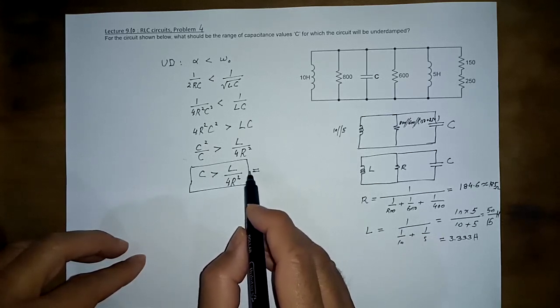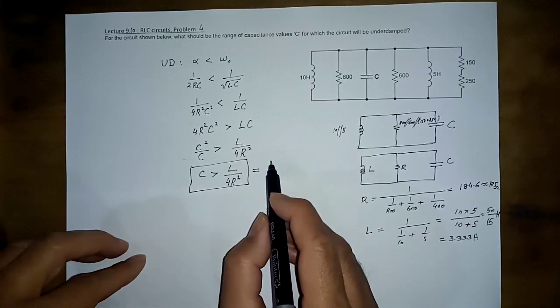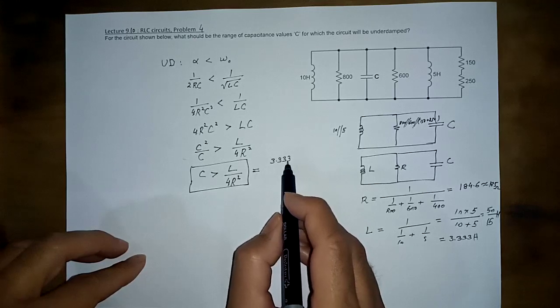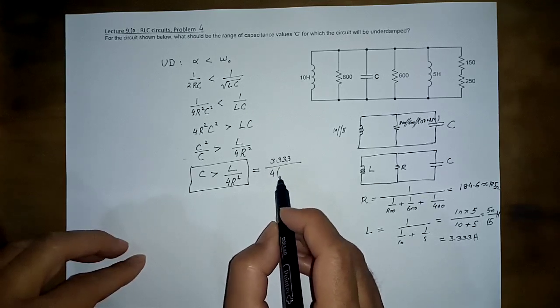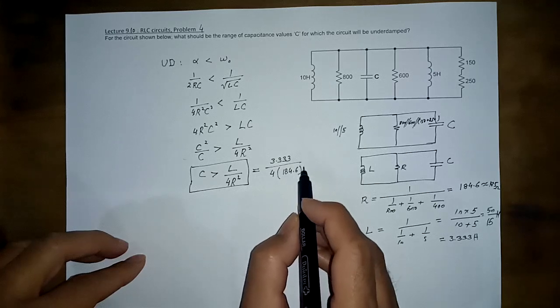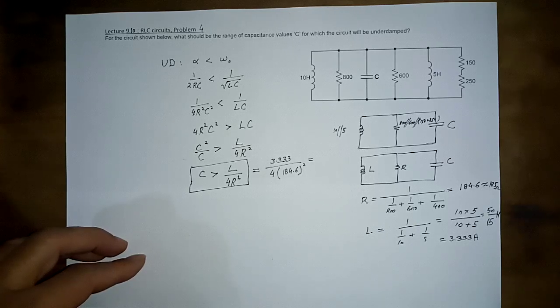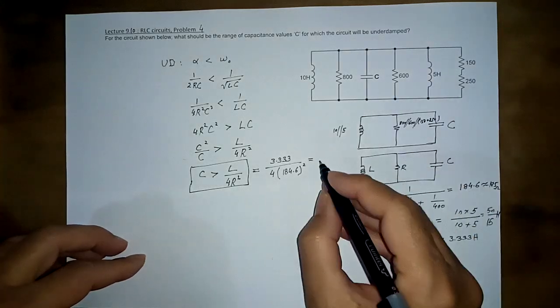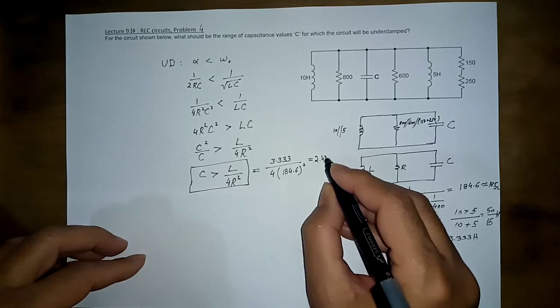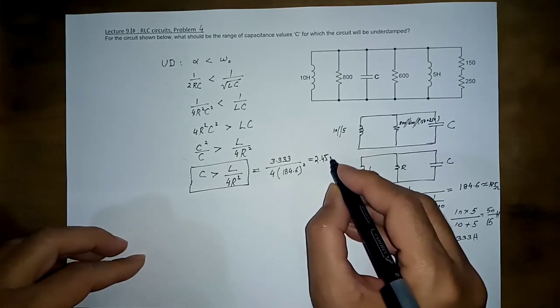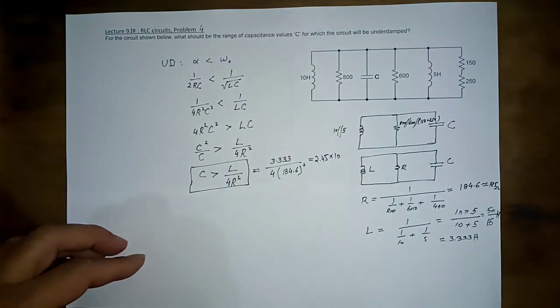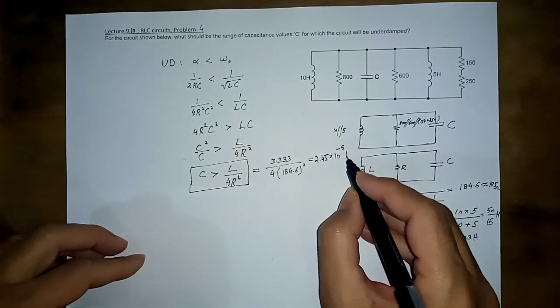This thing is equal to L, which in this case is 3.33, divided by 4 into 184.6 squared, which is equal to 2.445, or 2.45 into 10 raised to the power minus 5 farad.